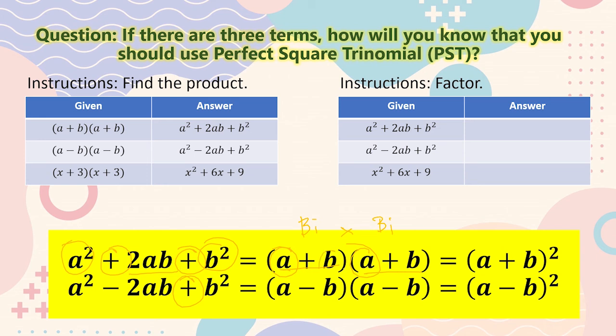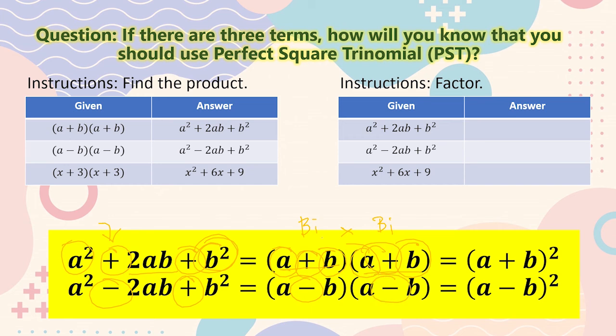The second term would be the square root of our third term in our given. And the operation depends on the sign before our second term in the given. So if it's a plus, then you use plus. Here it's minus, so you use minus in it.